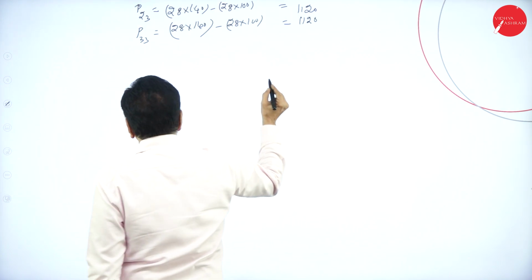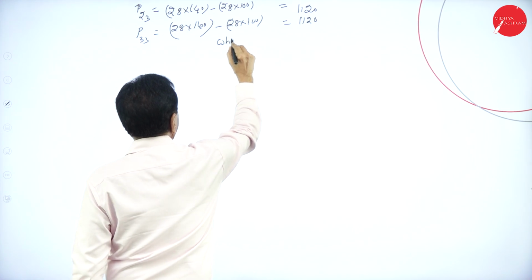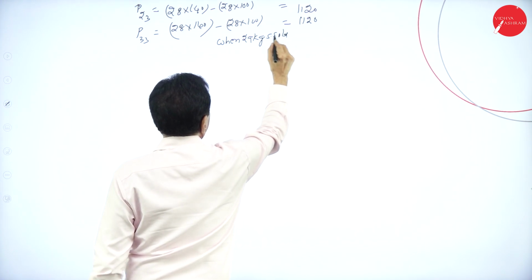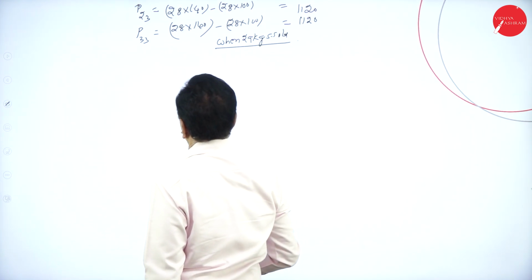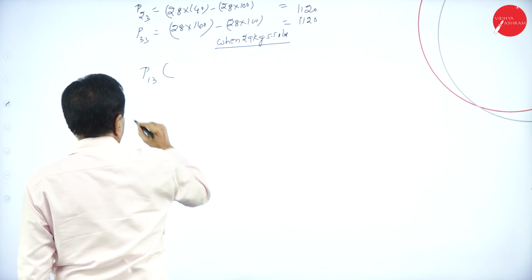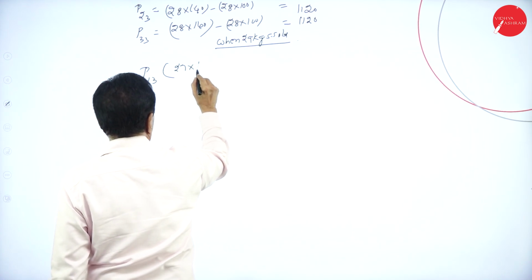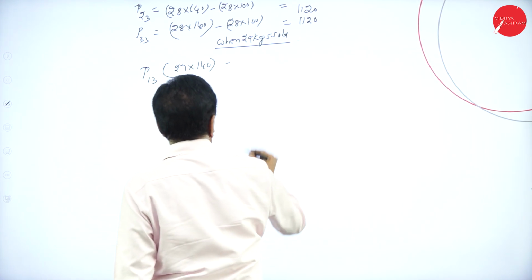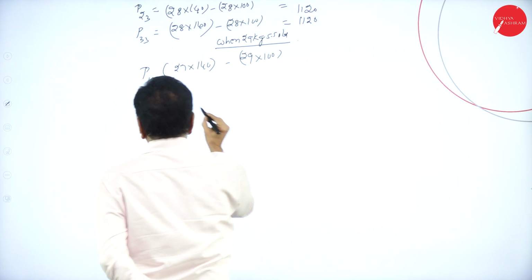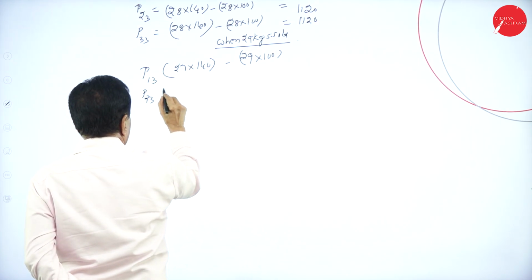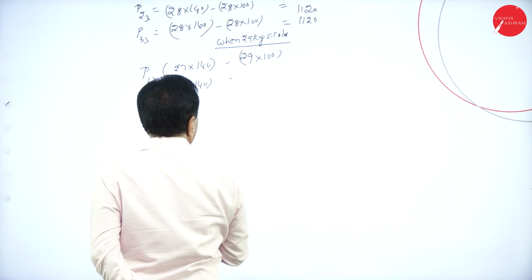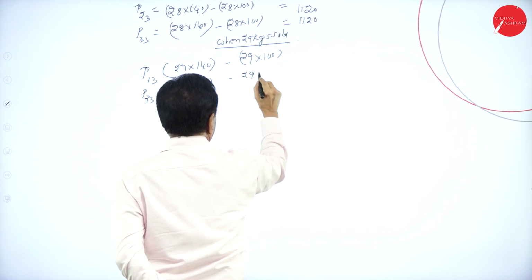When 29 kg sold, P13, first one, 27 into 140 minus 29 into 100. P23, 28 into 140 minus 29 into 100.